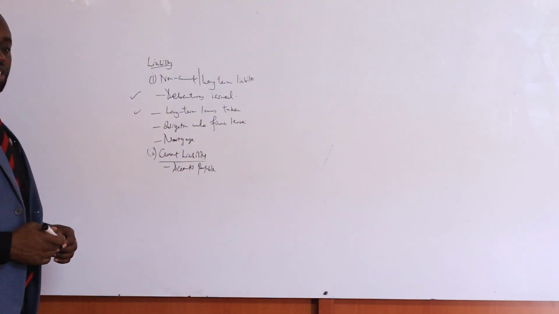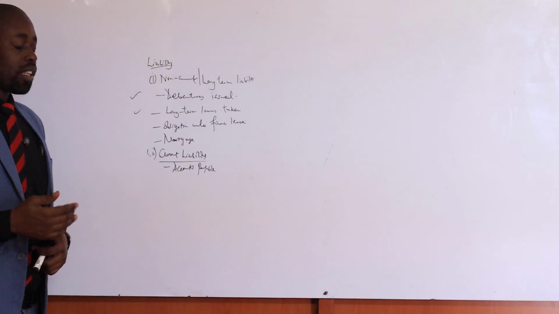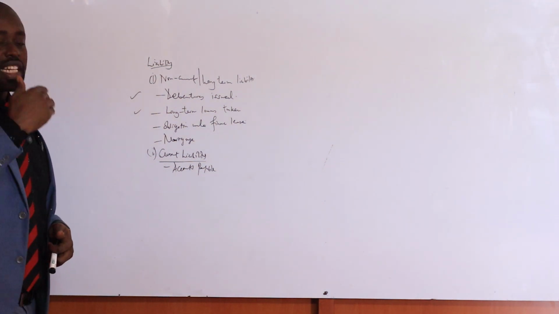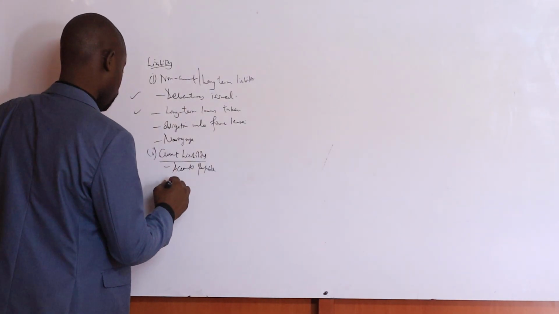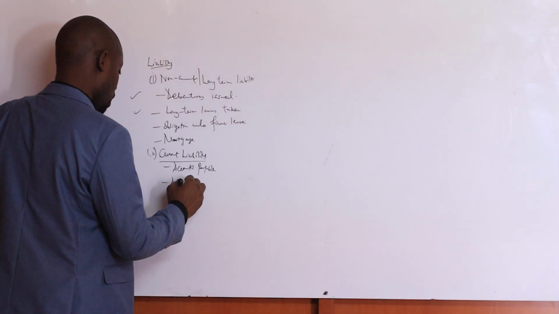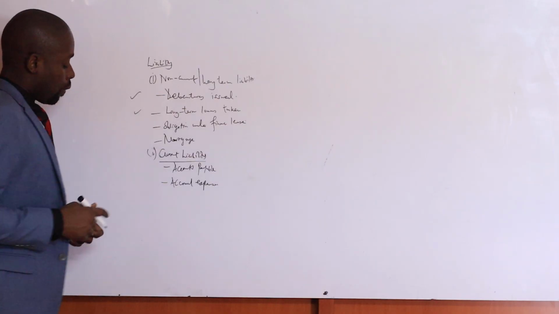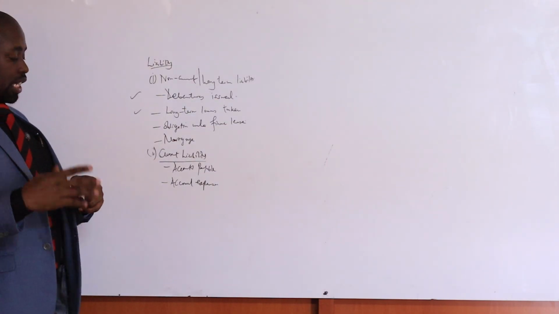Then we have any expenses that are due by the end of the year that have not been settled. That is unsettled expenses at the end of the year. They are called accrued expenses. Accrue means outstanding. Accrued expenses are also a liability. It could be accrued salaries, accrued electricity, accrued insurance.